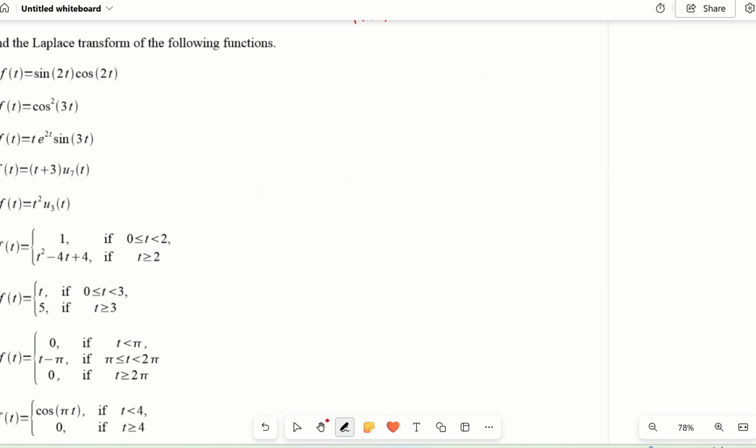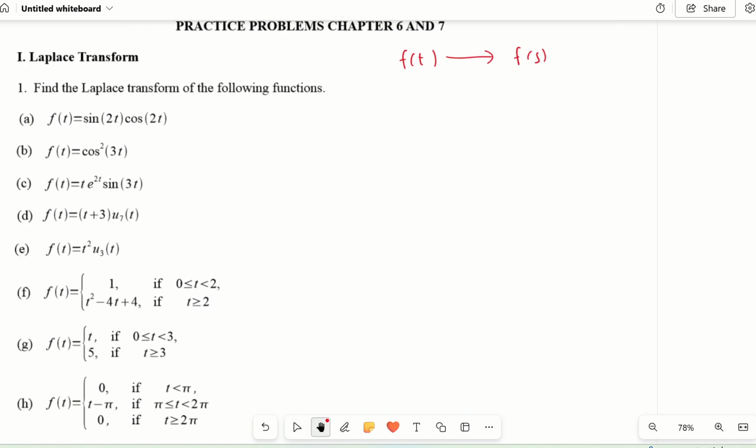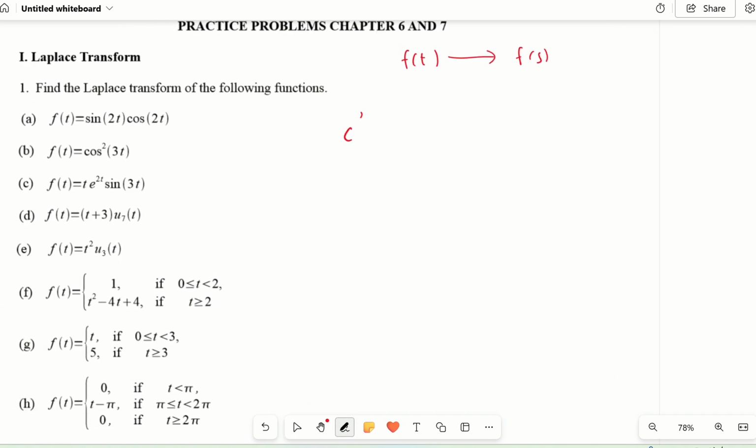So let's do C, and I hope we are together up to this far. Our C is f of t equals t e to the 2t sine 3t.